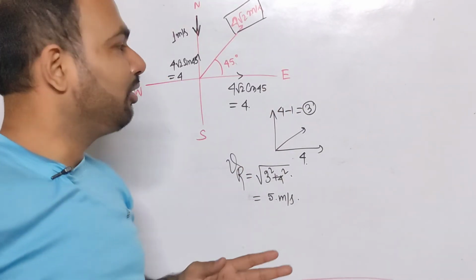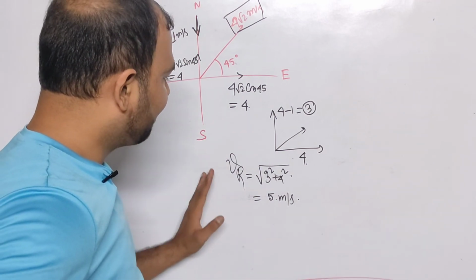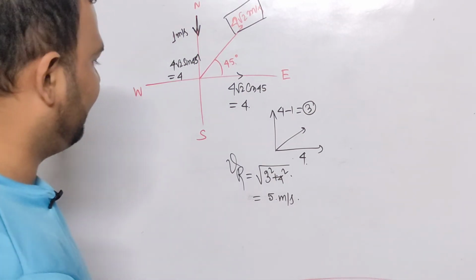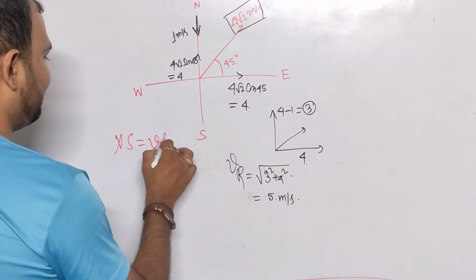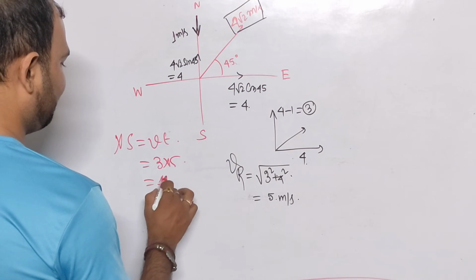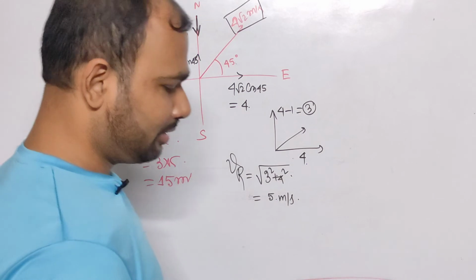Now they have also asked what will be the displacement of the butterfly after 3 seconds. S is equal to Vt, 3 into 5, that is 15 meter. So the correct option is option number D.